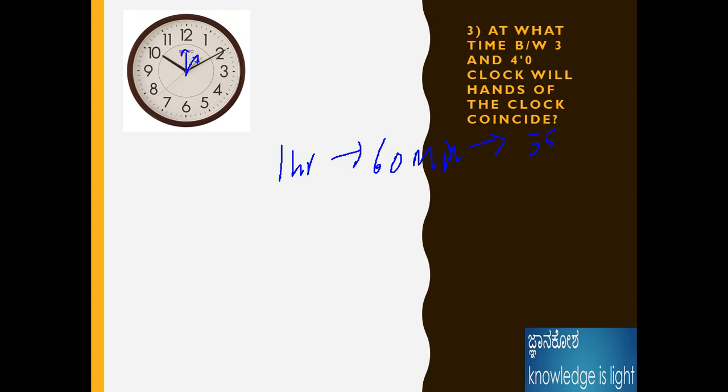Because for 1 hour, which is 60 minutes, the other part is the gaining part only. 5 minutes is the gain. Now, 55 minutes is equal to 60 minutes. Therefore, what is the coincident point in between? 15. This should be between 3 and 4 o'clock, and that should be the coincident thing.